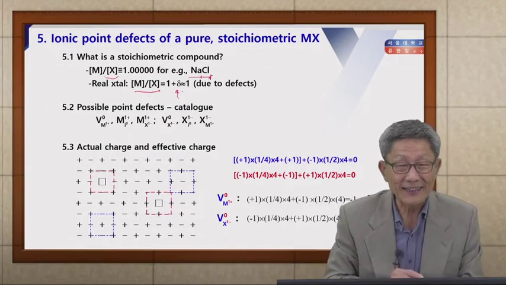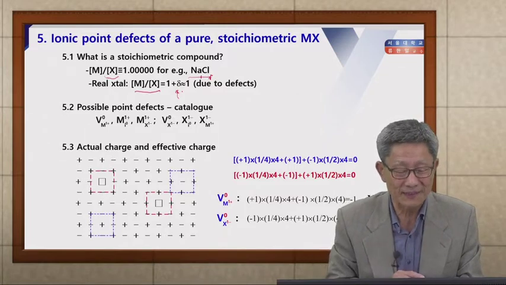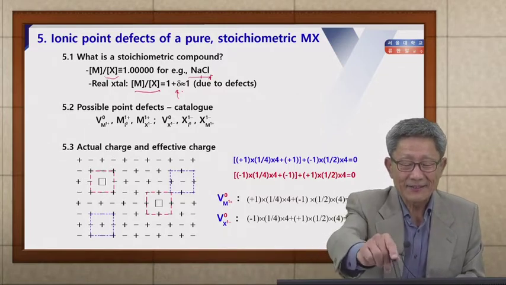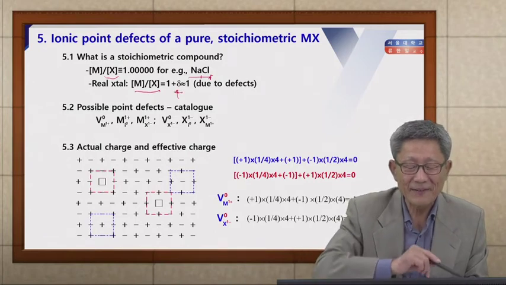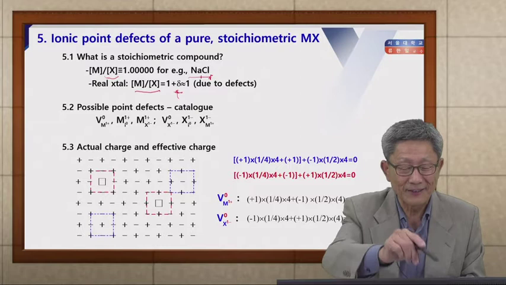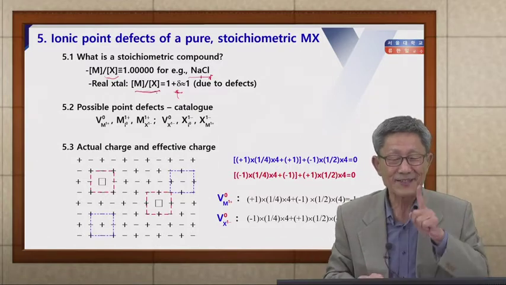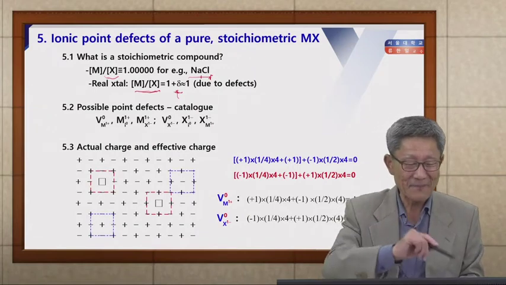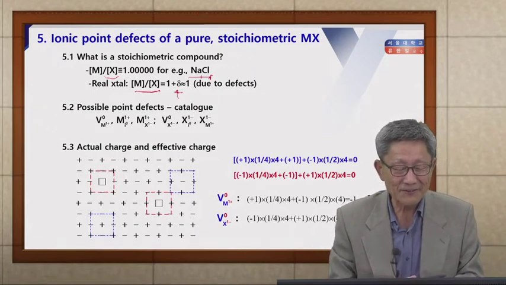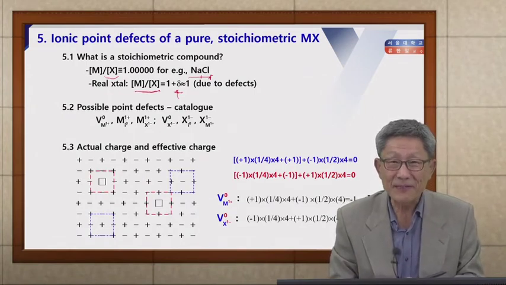And this delta is called, so to say, non-stoichiometry or deviation from stoichiometric compound. Okay? So in this lecture, we assume that this delta is negligibly small compared to 1. Therefore, our compound is assumed to be, so to say, ideal stoichiometric compound. Okay, for this kind of stoichiometric compound, what kind of point defects are possible?